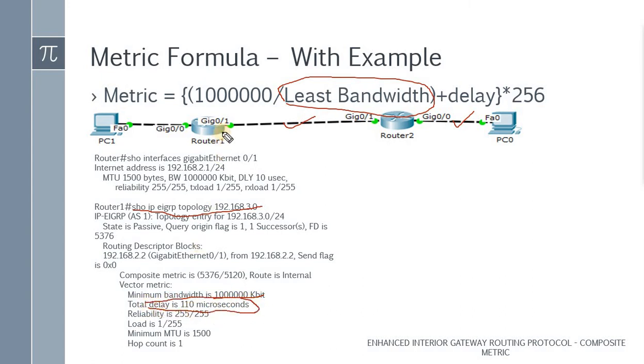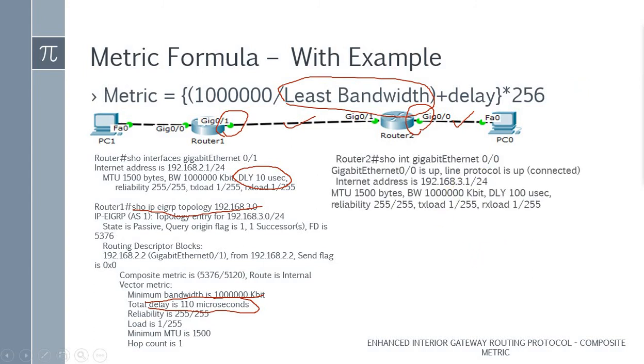How has it been calculated? It has been calculated based on this delay. The delay is the delay on this interface and the delay on that interface. The delay on this interface is 10 microseconds, and the delay on the other interface is 100.